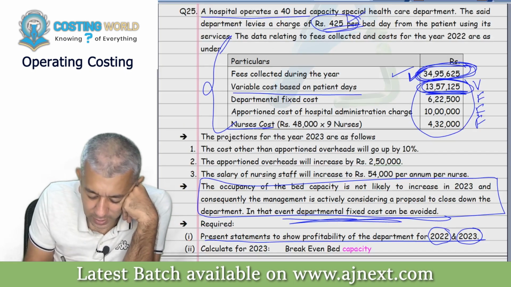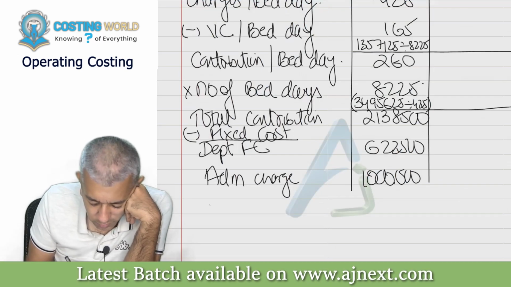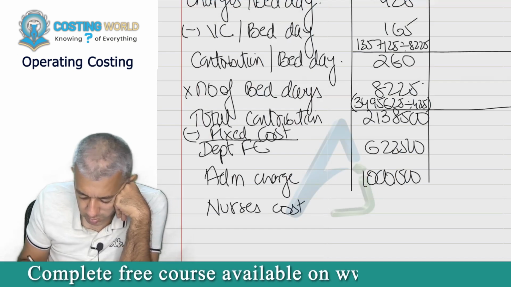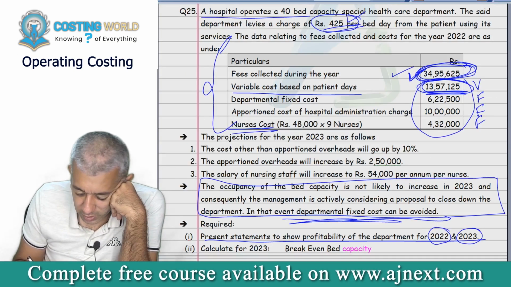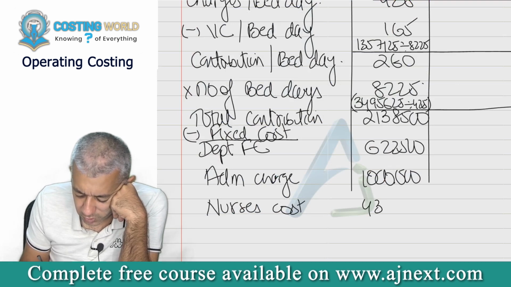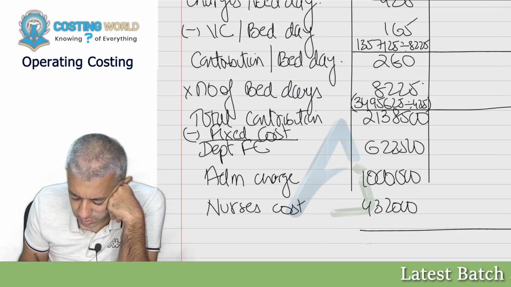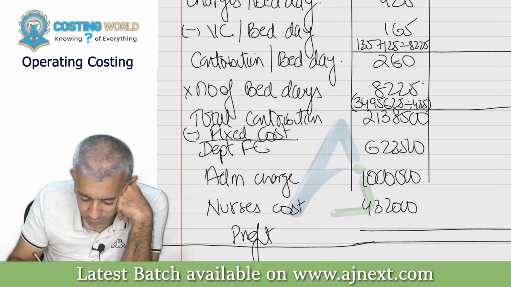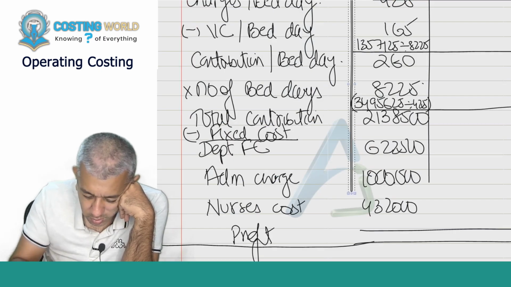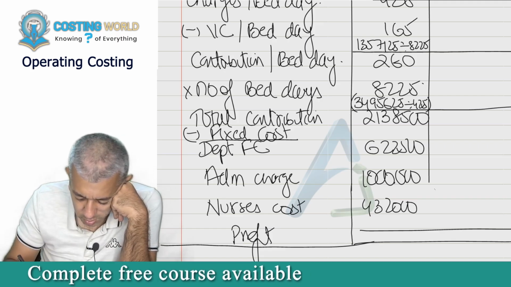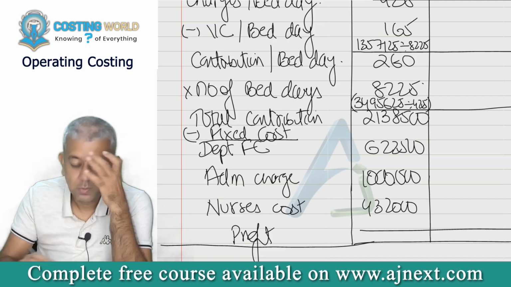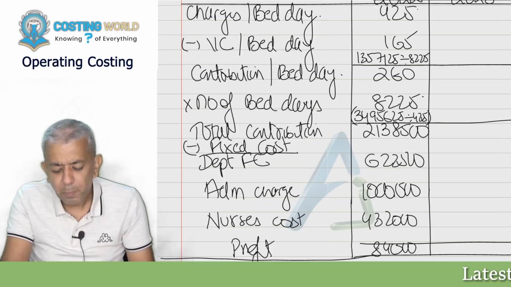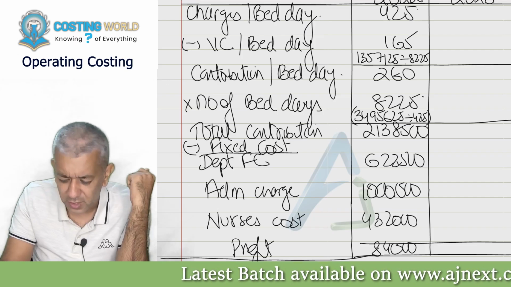Then nurses cost. $48,000 to 9 nurses is already given to you, 4,32,000. Just subtract this and get me the profit, please. $84,000. Now see, you all might not have done a question like this before, but that's okay.